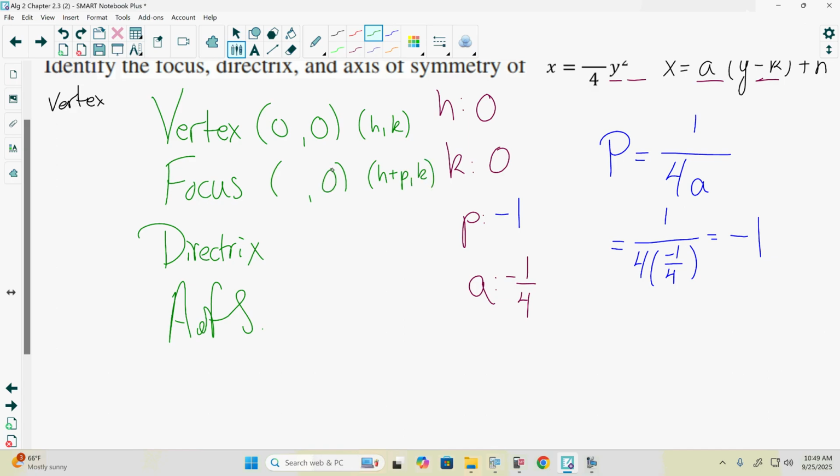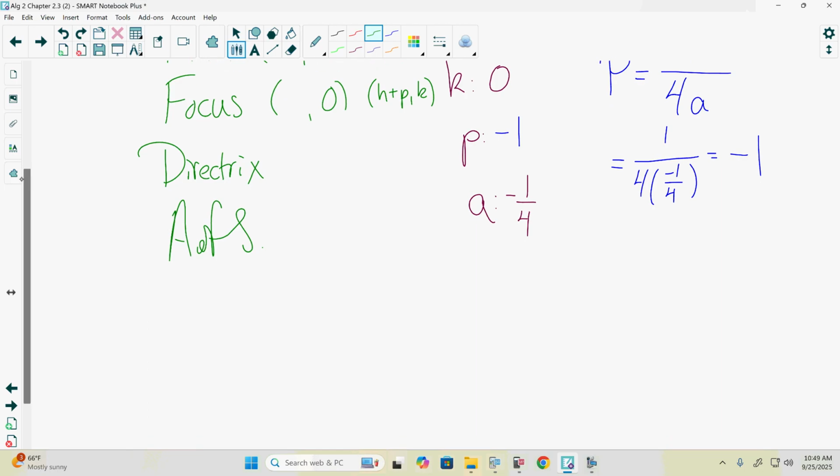Well, k is 0. To calculate h plus p, our value of h is 0. Our value of p is negative 1. So 0 plus negative 1 is negative 1.